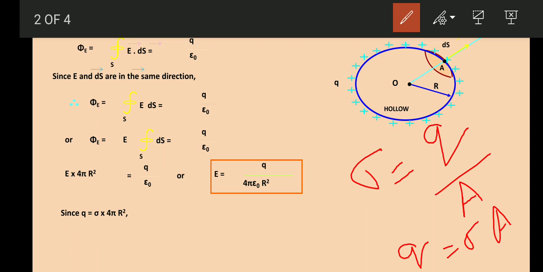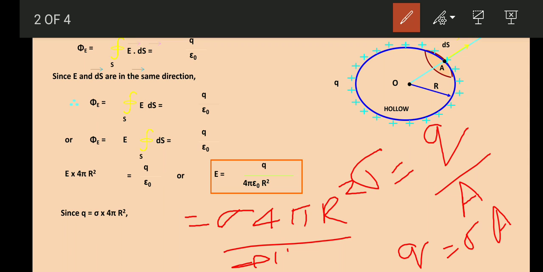Substitute the value of q here, then you will get sigma 4 pi R square instead of q, divided by 4 pi epsilon naught R square. The 4 pi R square gets cancelled. Then the value of electric field intensity on the surface will be sigma by epsilon naught.